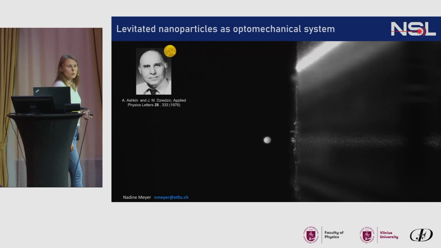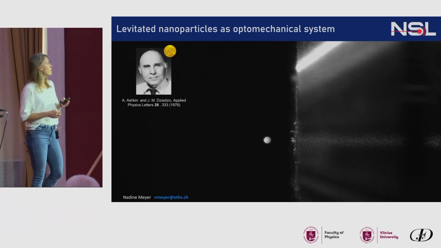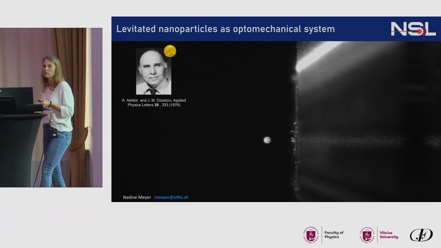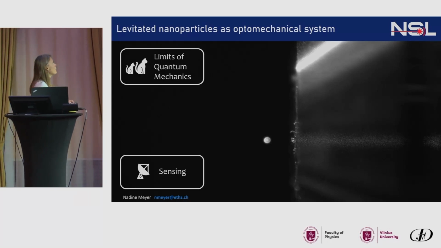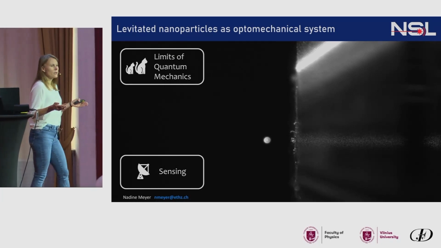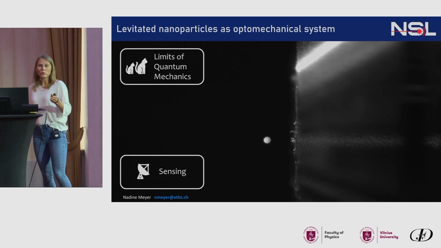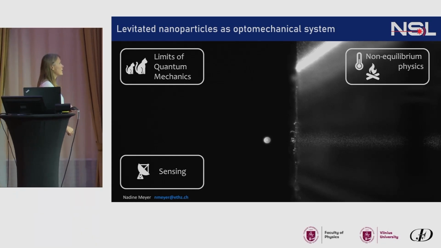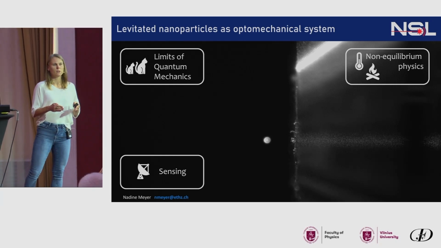So we would like to use levitated nanoparticles as an optomechanical system, and the experimental platform all goes back to an idea from Arthur Ashkin when he invented the optical tweezers. And as with most optomechanical platforms, we can use them to test the limits of quantum mechanics, and we can also use them for sensing. But specifically for levitated nanoparticles, you're dealing with a steady state that is not equilibrated with the environment.